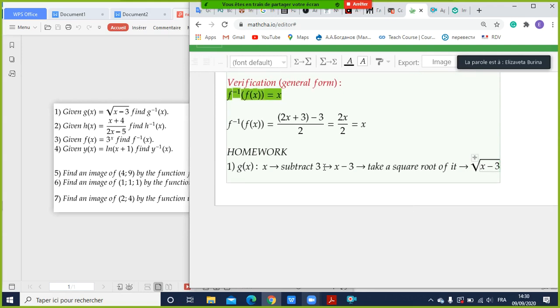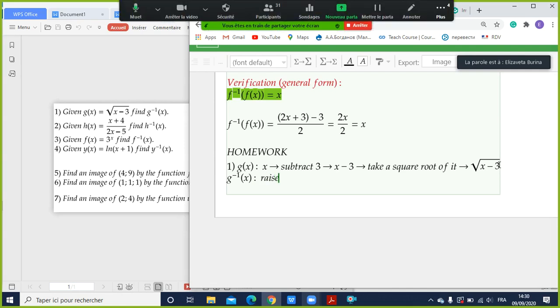Perfect. Great. So now we need to think of a function that will undo it, and that will be something like g to the power of minus 1 of x. What will it do? What is the inverse of taking a square root of something? Well, it is a square, right?